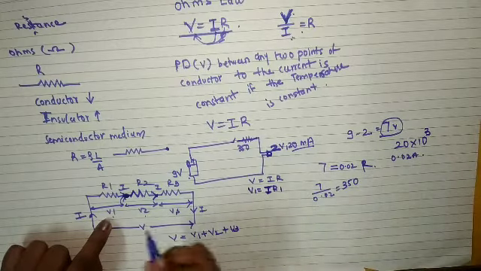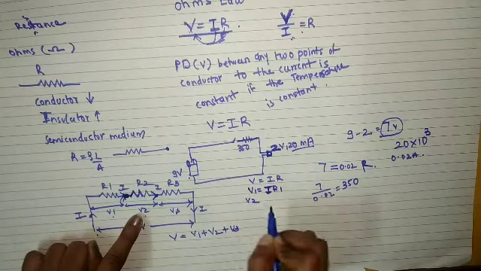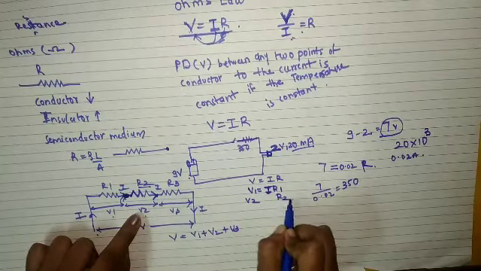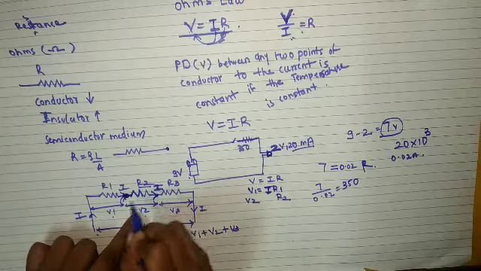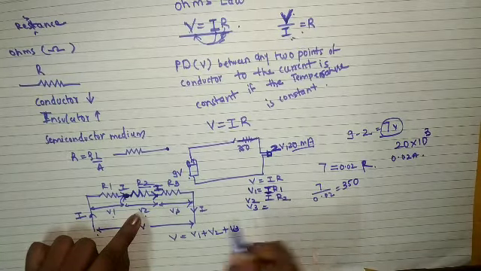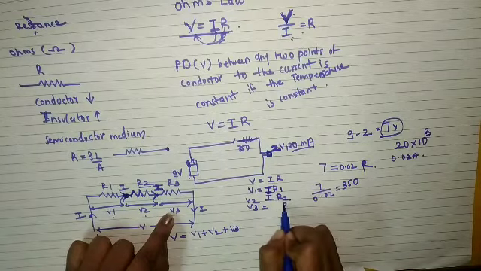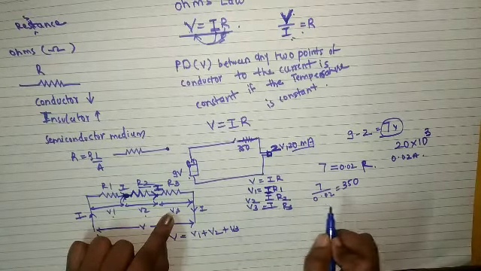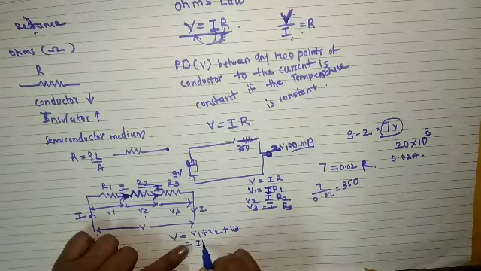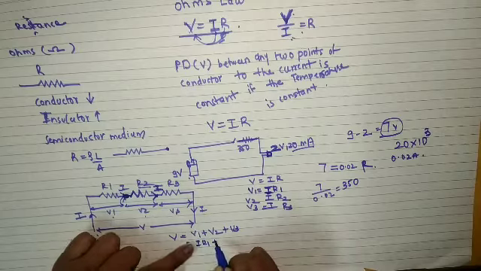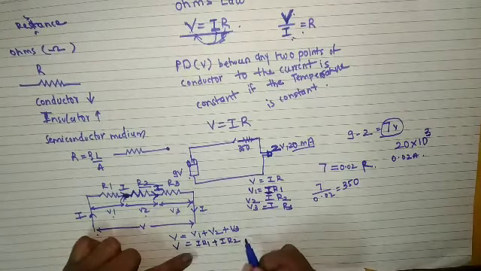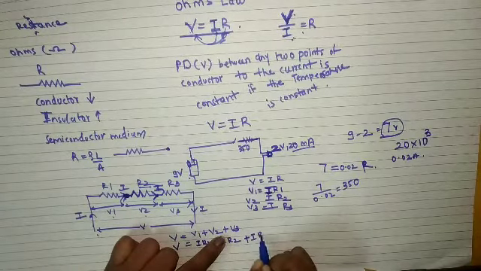Now for voltage V2, the resistance is R2, and the current throughout the circuit is the same, so V2 is equal to IR2. Similarly for V3, the resistance is R3 and the current is the same, so V3 is equal to IR3. So V is equal to IR1 plus IR2 plus IR3.